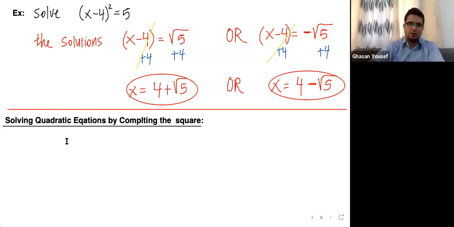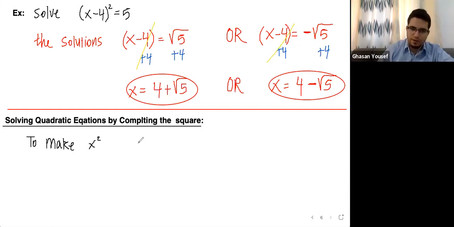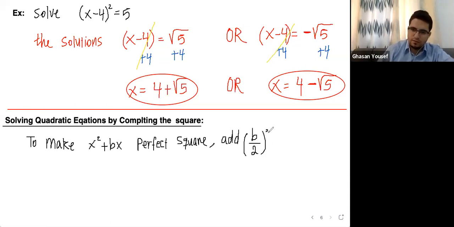To make x squared plus bx a perfect square, we only have to add one thing: b over 2, everything squared.